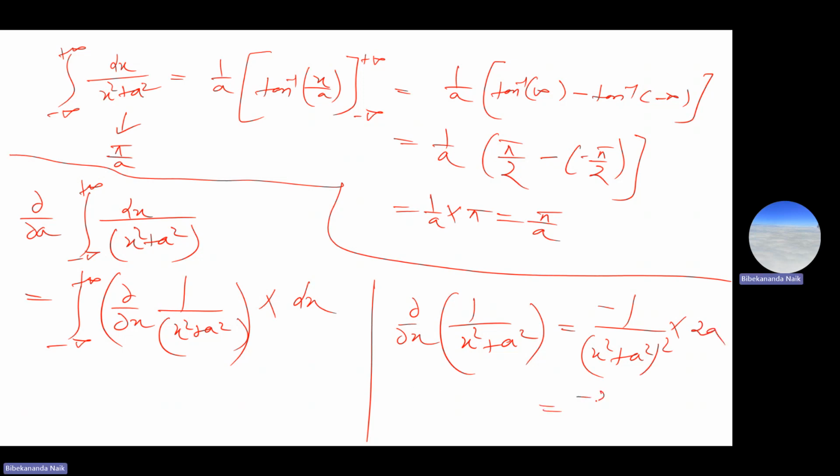So it will be minus 2a divided by (x² + a²) whole square. So in that case, if you compare this with the integration value we obtained, pi by a, there is another minus 2a term coming here.